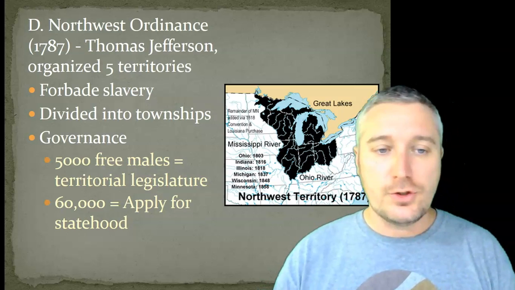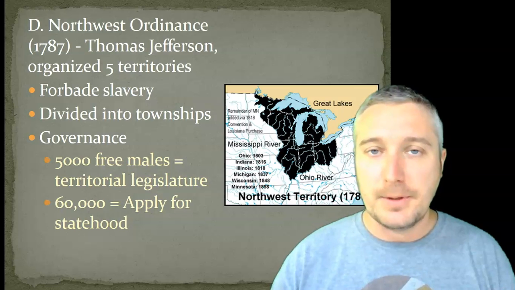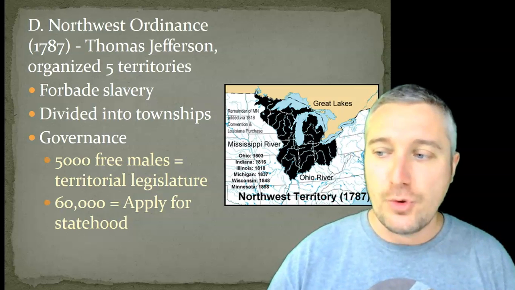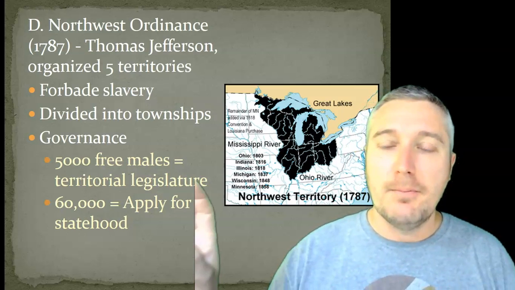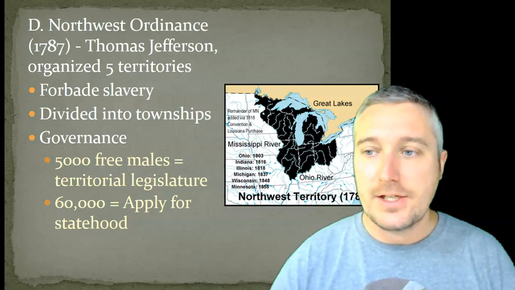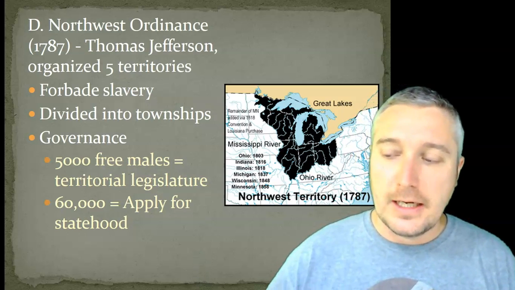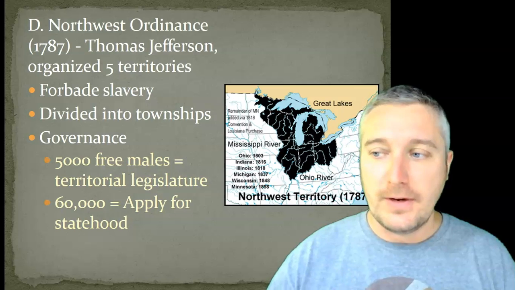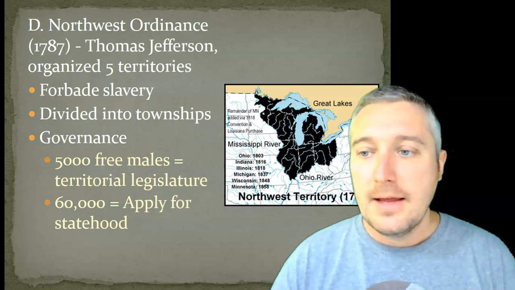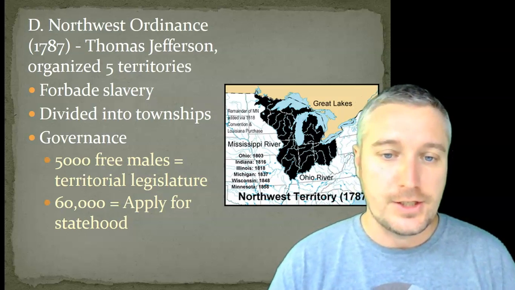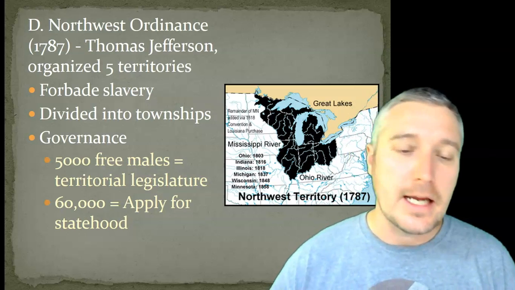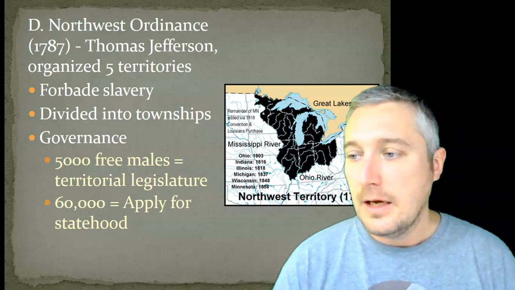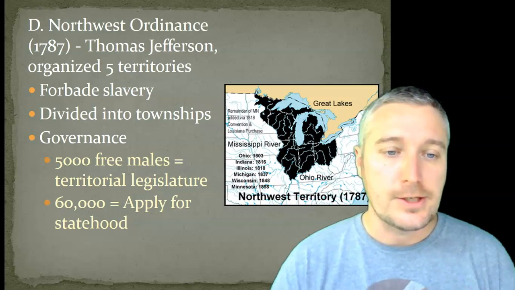So just to avoid confusion, what they were setting up in the last slide was kind of how to organize this territory. But then a law officially passed, 1787, which organized this into 5 official territories that ultimately would become 6 states: Ohio, Indiana, Illinois, Michigan, Minnesota, Wisconsin.